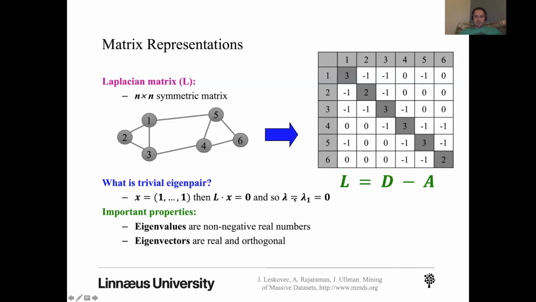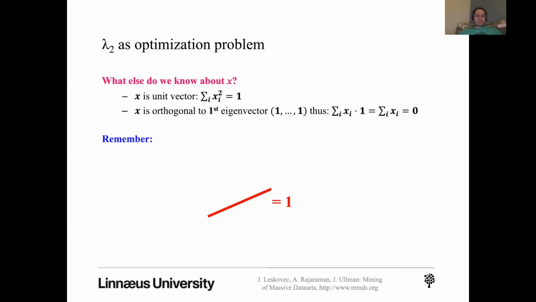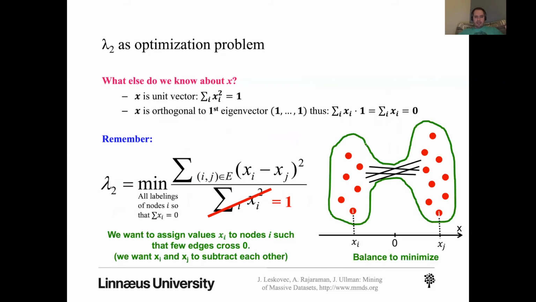We actually want the second one, the second smallest. And why is it that the second smallest eigenvalue plus eigenvector is interesting? Because the second eigenvector is necessarily orthogonal to the first eigenvector.